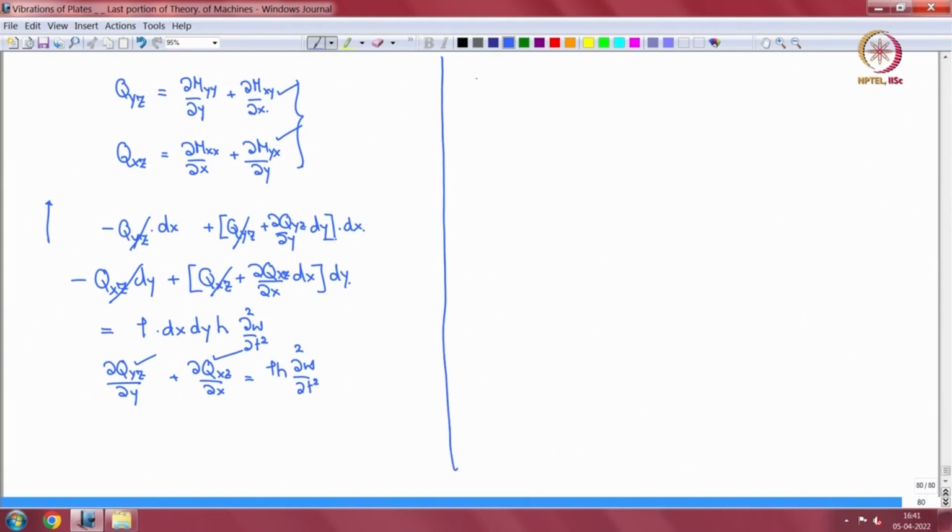We get ∂²myy/∂y² plus ∂²mxx/∂x² plus ∂²mxy/∂y∂x plus ∂²myx/∂x∂y, both are equal, and that is equal to ρh ∂²w/∂t².